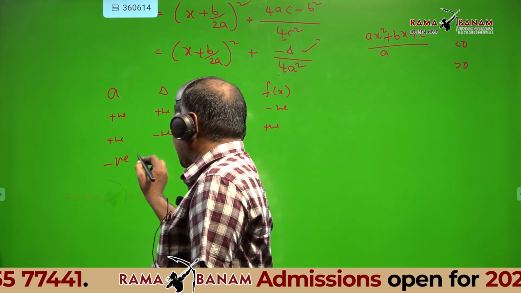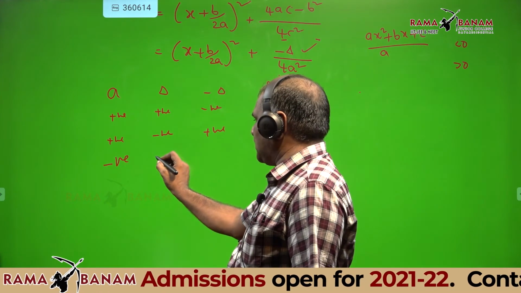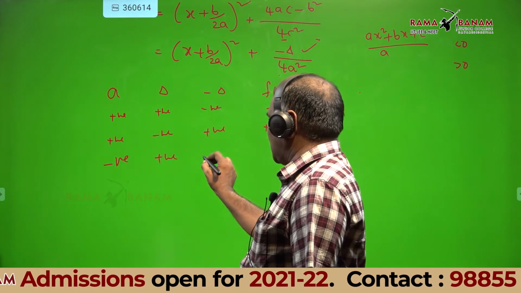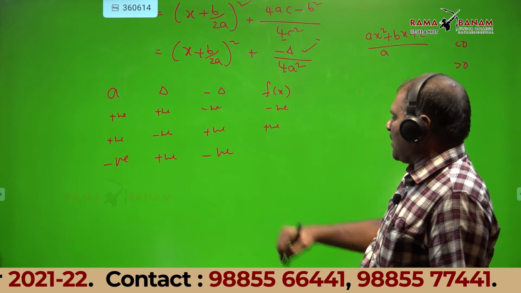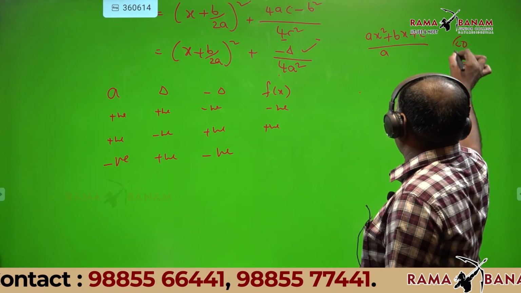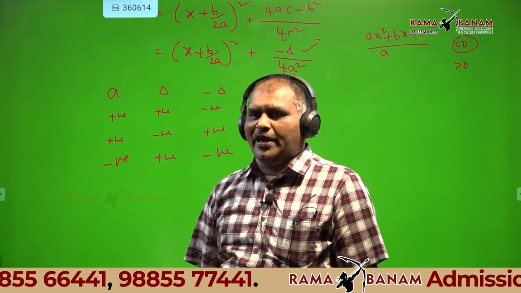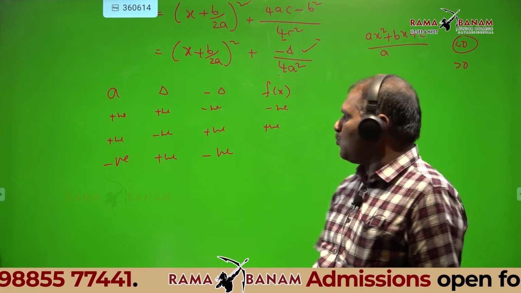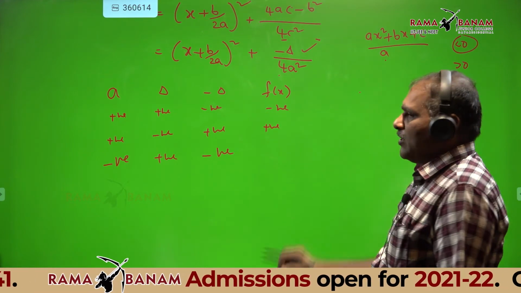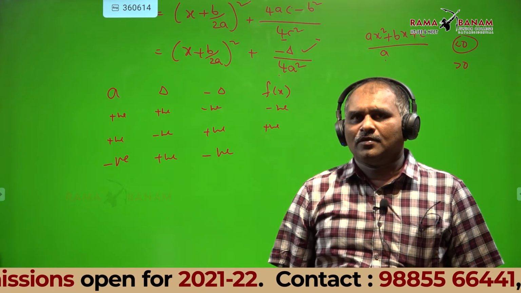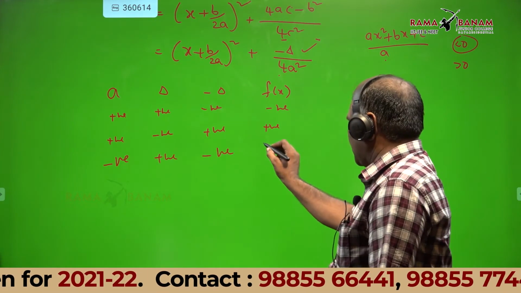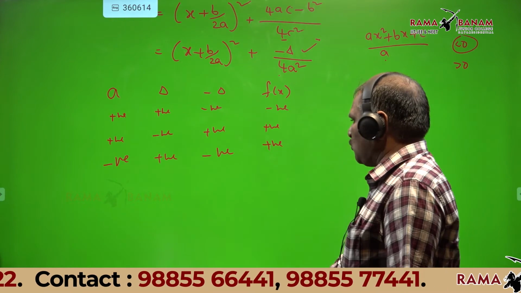Positive. Same as this one. Suppose a is negative, delta is positive, minus delta is negative. Therefore, minus delta negative means the expression should be negative. Expression negative, a negative, that means the quadratic expression is positive.